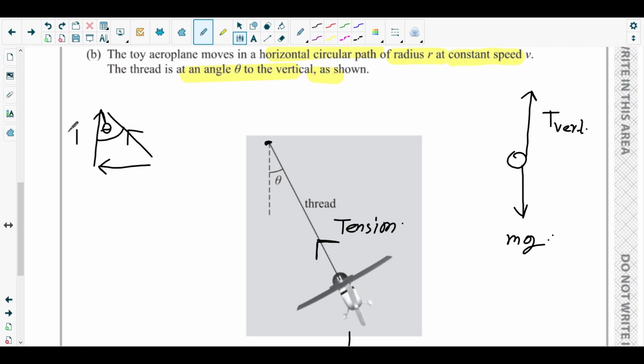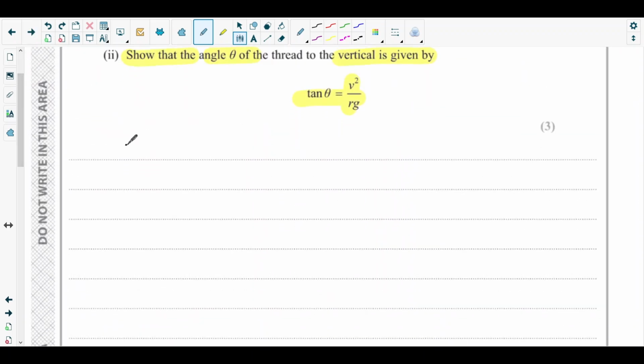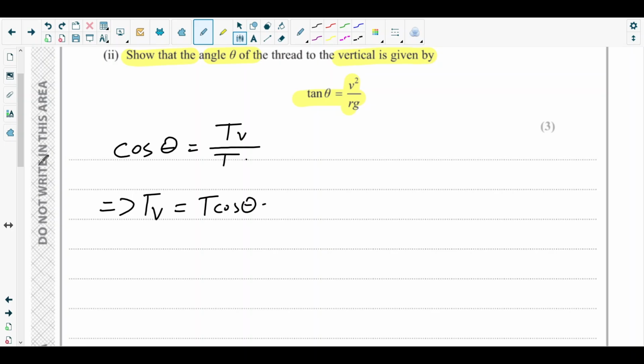So this is T vertical, this is T horizontal, and this is T. Cos theta equals the vertical component of tension over the hypotenuse, which is T. So the vertical component of tension is T cos theta.